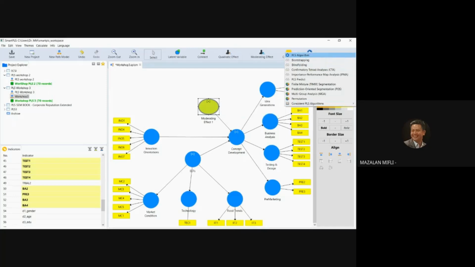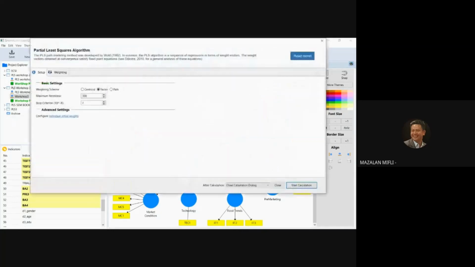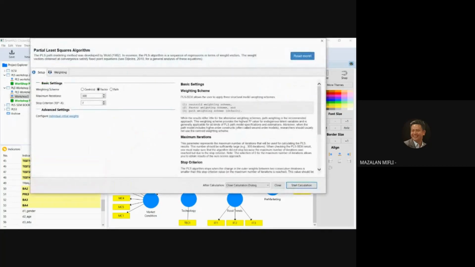In this case, we are going to use the normal PLS algorithm. Earlier we used factors, but now we are no longer on factors. We are using the path. We want to see the links, so we calculate to regress the links. There you go.